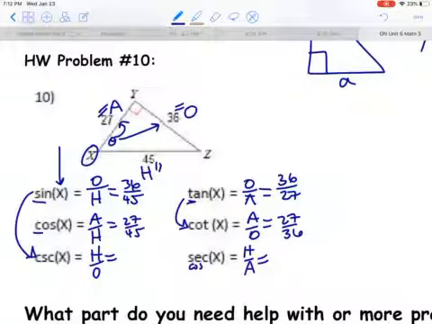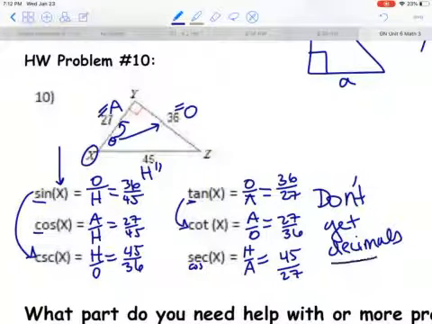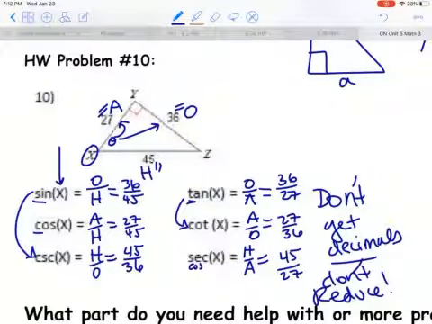H over A flips cosine. H over O. And then do not get decimals. And don't reduce your fractions. Just leave them exactly how these are.